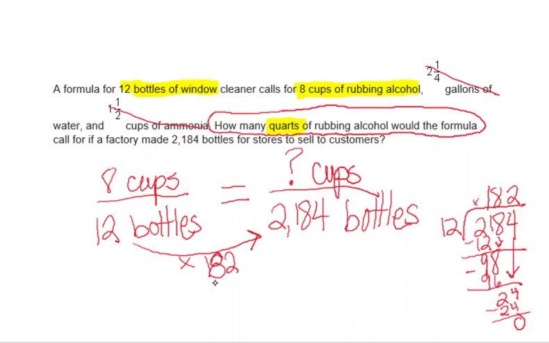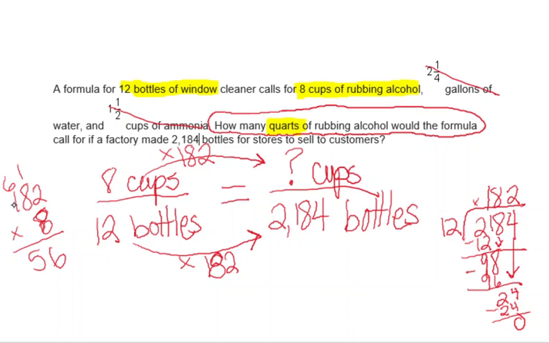So whatever I'm multiplying the bottom by, I have to multiply the top by so that I would have an equivalent ratio. So what is 8 times 182? 8 times 2 is 16. 8 times 8 is 64 plus 1 is 65. 8 times 1 is 8 plus 6 is 14.